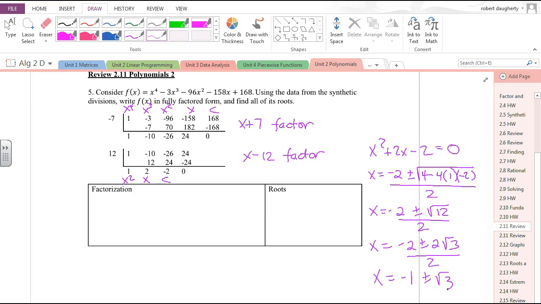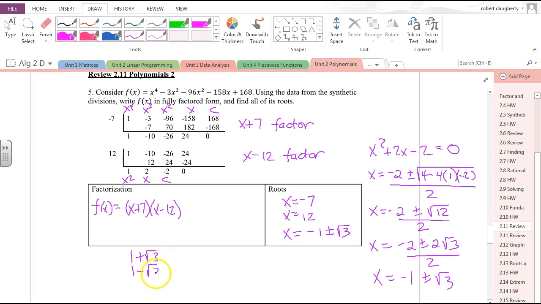So all of the roots are x equals negative 7, x equals 12, and x equals negative 1 plus or minus root 3. So if I have it fully factored, then f of x equals x plus 7, x minus 12, and then remember I've got the roots negative 1 plus root 3 and negative 1 minus root 3.